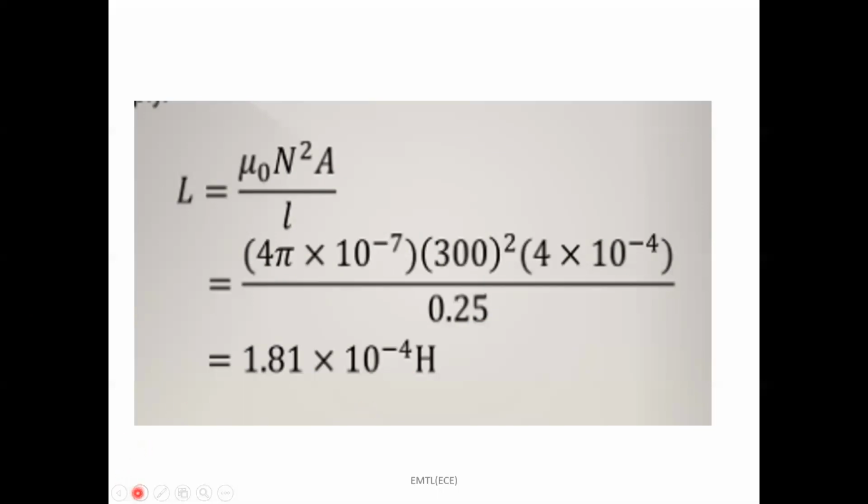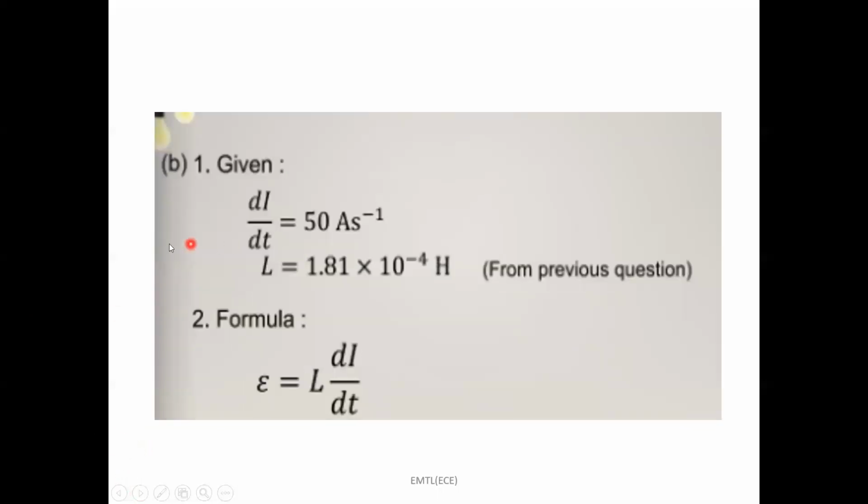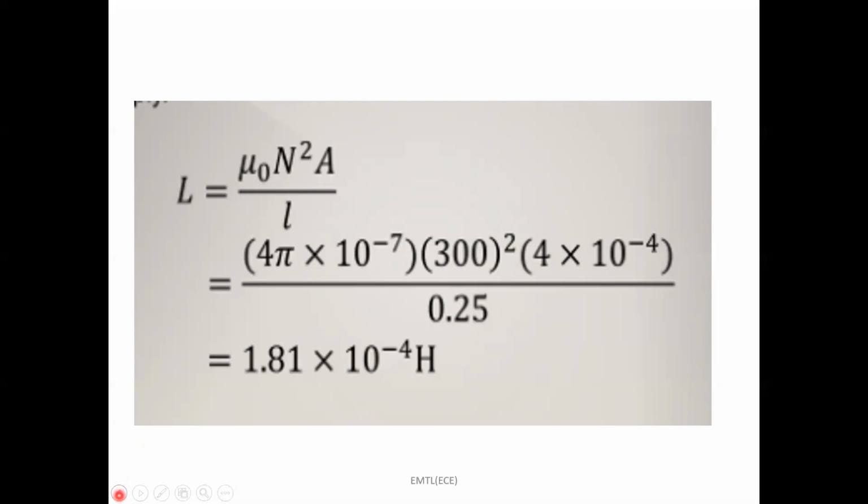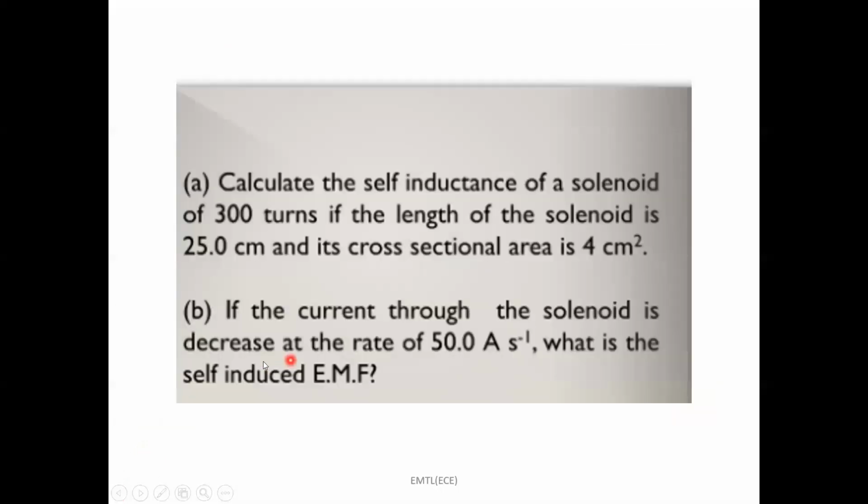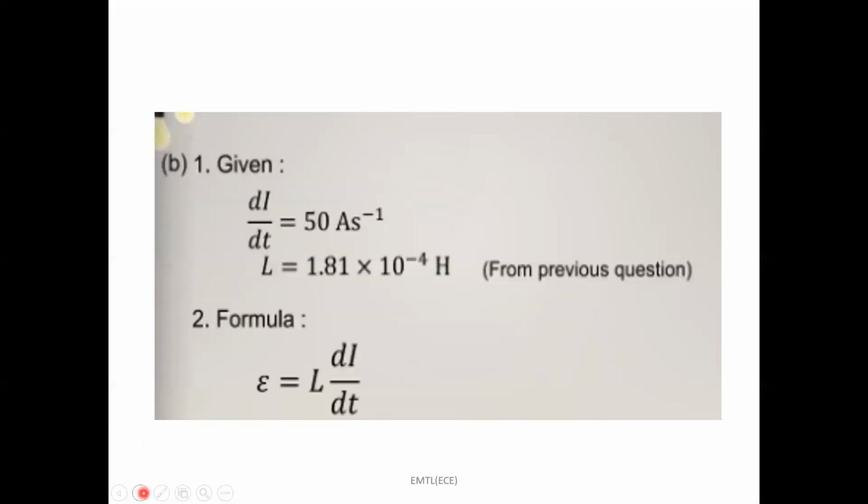Now the next problem. In the given part B of the problem, the rate of change of current is given, that is, a decrease at the rate. The current rate is expressed as di by dt.